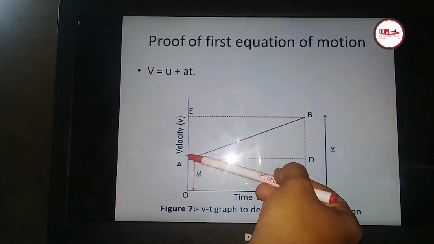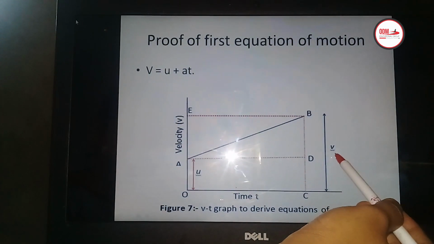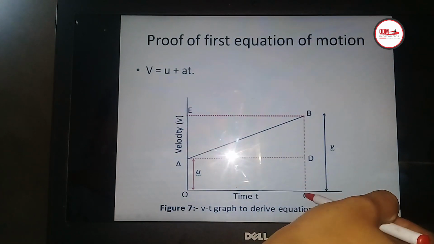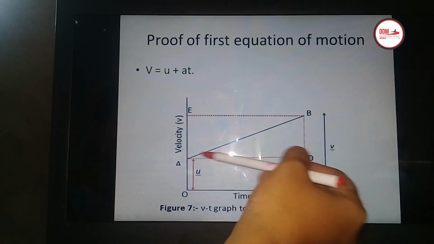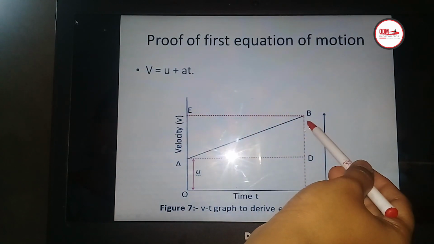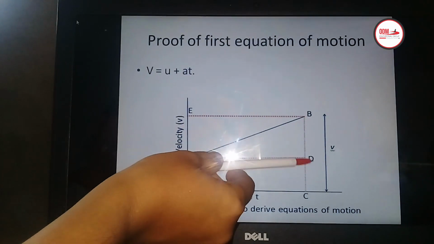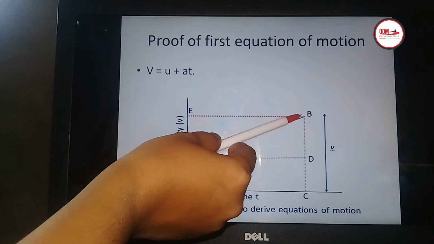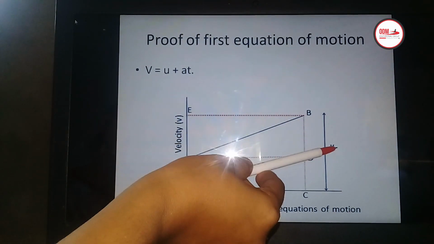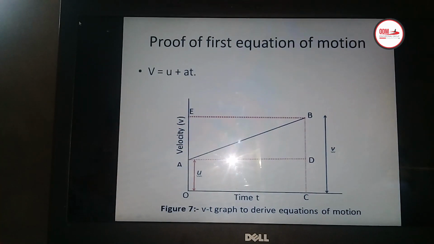From the graph, OA is equal to u, then BC is equal to v. Similarly, OC is equal to t, AD is also equal to t, BE is also equal to t. Okay children, suppose BC is equal to v and DC is equal to u, then the value of BD will be equal to v minus u. Now we can put these values to prove the first equation of motion.